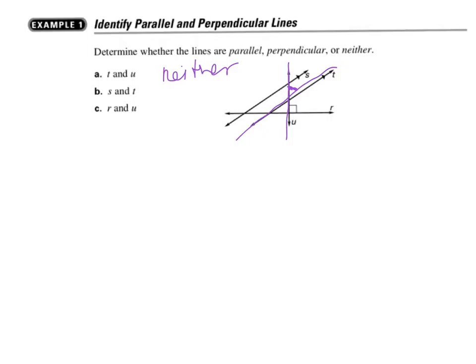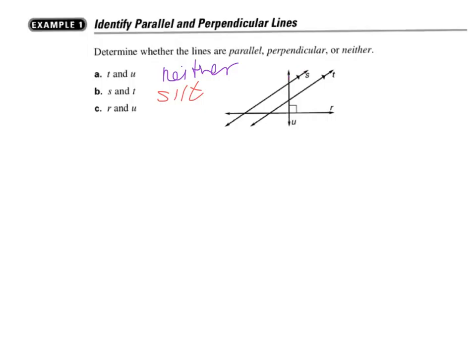Okay, now let's look at S and T. S is the vertical line, so let me graph that. No, I'm sorry, S is this line. T is this line. Ah, there we go. And notice that the most important are these two arrows, one on each one, and that means they're parallel to each other. And that's how we label them in diagrams for parallel lines, with little arrows on the lines.